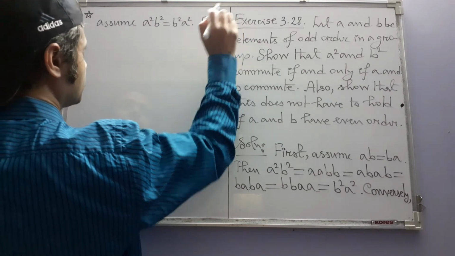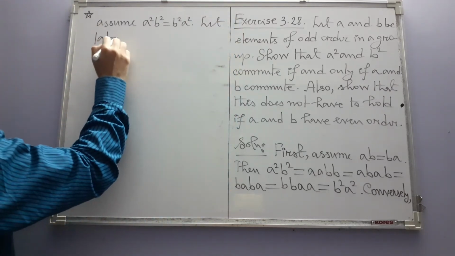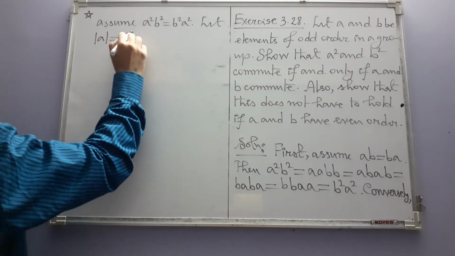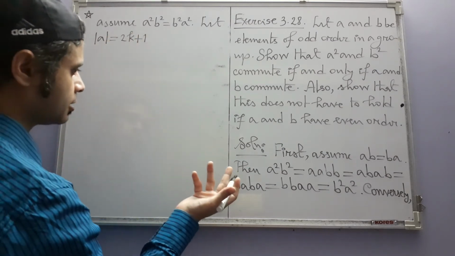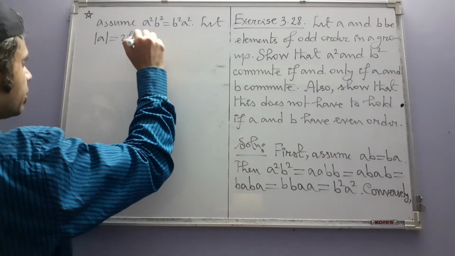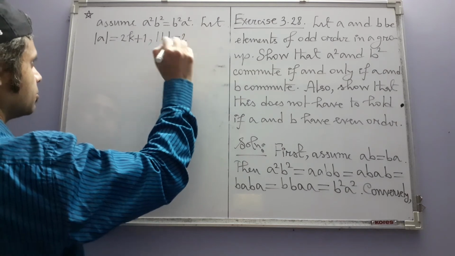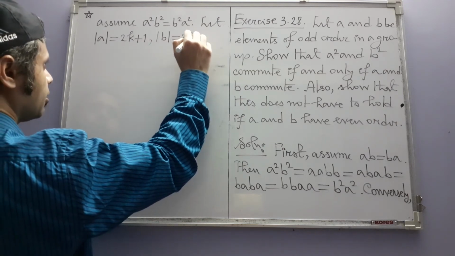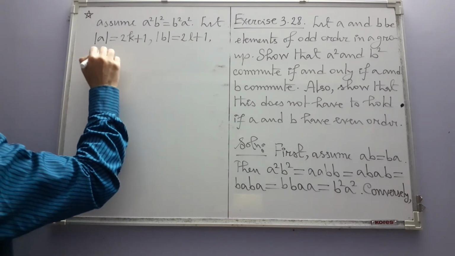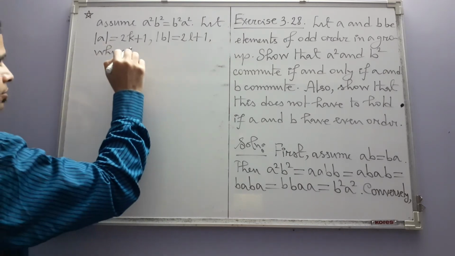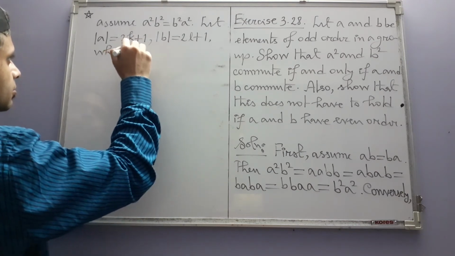Let the order of A be equal to 2k plus 1, because it's given that the order is odd, and the order of B is equal to 2l plus 1, say, where k and l are non-negative integers.